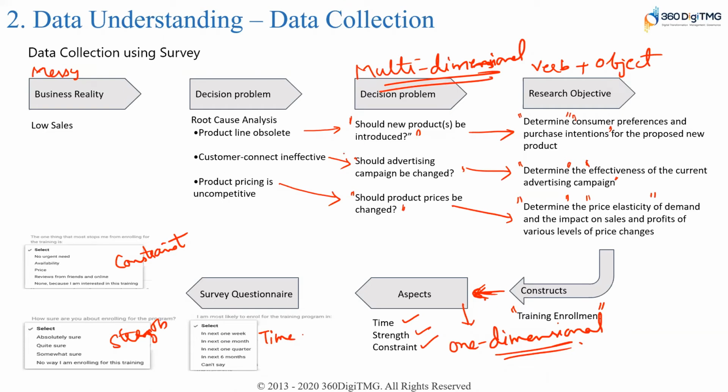That's multidimensional, and then you're breaking it down into one-dimensional. For each one-dimensional aspect, you're asking a question. When you add the responses to all these three aspects, you'll get the response to this construct. When you have responses to multiple constructs, you'll have a response to the research objective and thereby the decision problem.